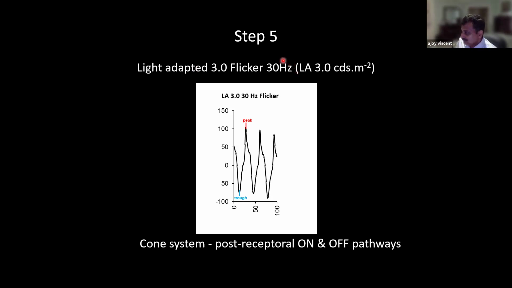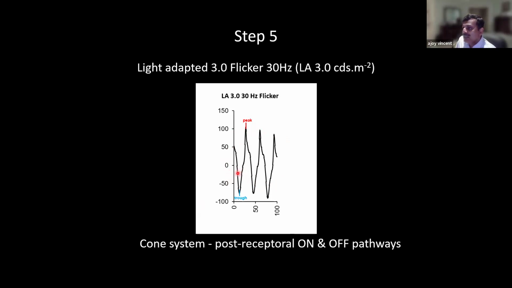So if you give a stimulus flickering at a rate of 30 Hertz, the rods will not respond. That is a pure cone response, and this reflects the integrity of the cone on and off pathways.